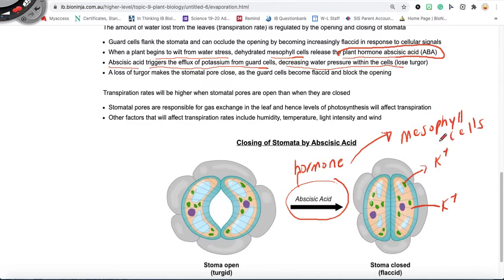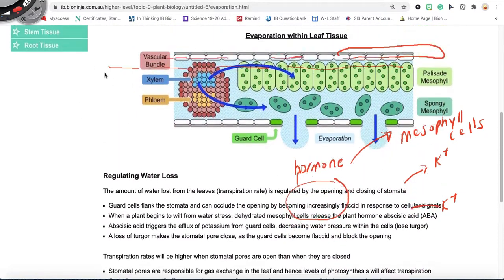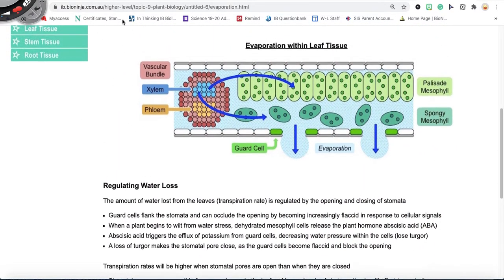Again, there's two types of mesophyll cells, right? We have the palisade and the spongy mesophyll cells. So if we look back here at our diagram, here we see the palisade mesophyll, the spongy mesophyll, and here we see the stomata right here, or the opening, and we know that that's going to be regulated by the guard cells here.